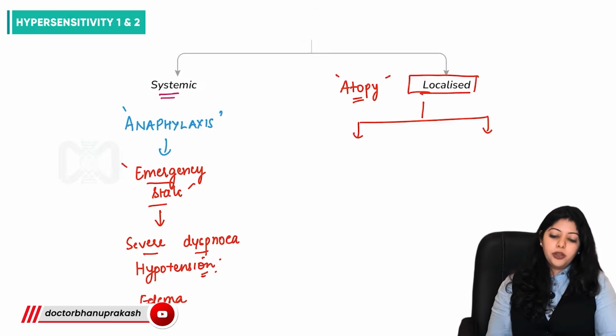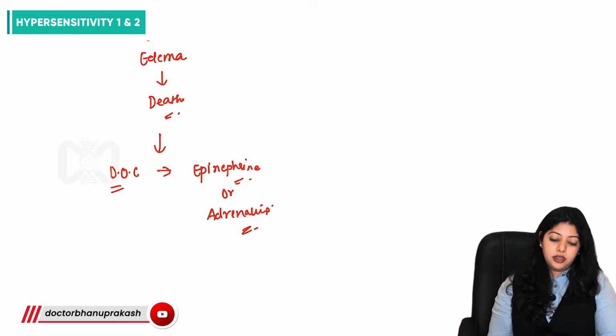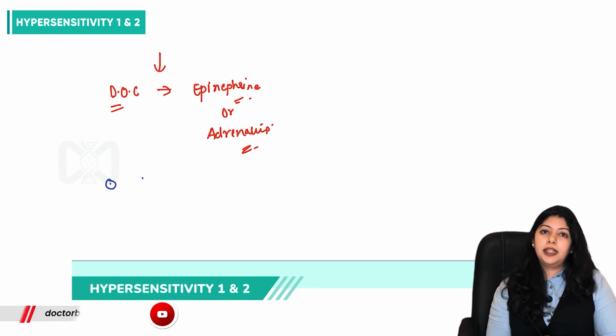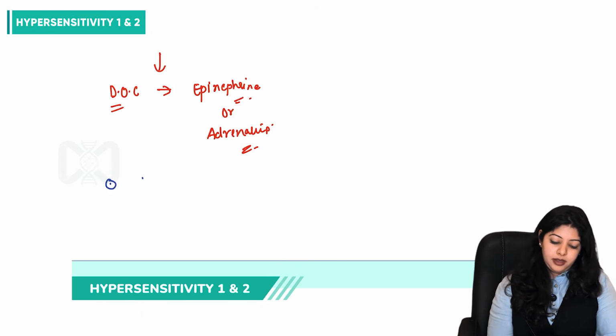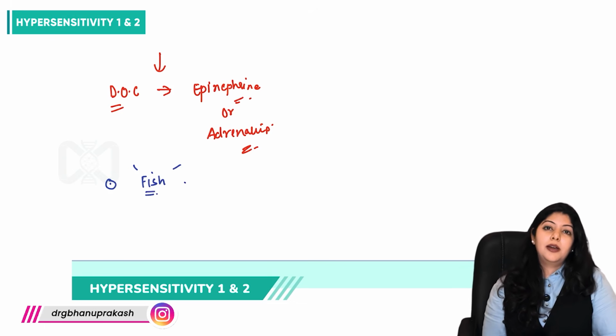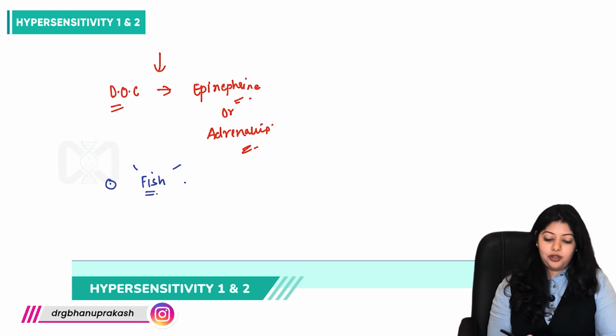So firstly, before moving on to the localized reaction, let us again look at the important allergens which can lead to systemic anaphylaxis. I have seen a case of fish anaphylaxis, a case which was stimulated by having fish.